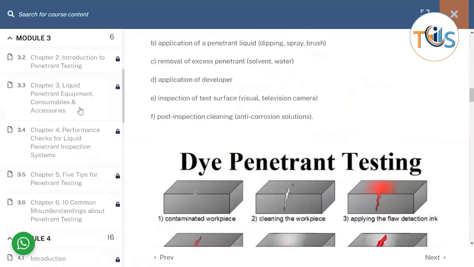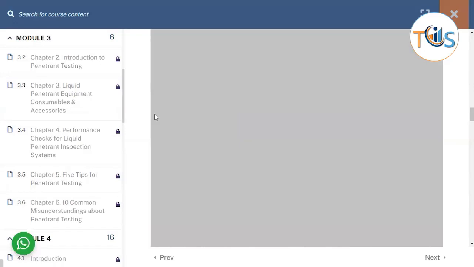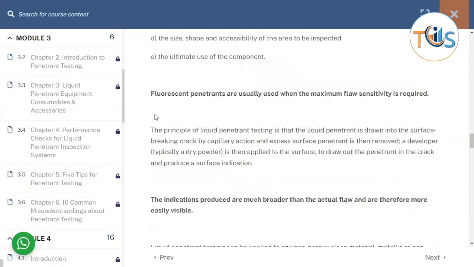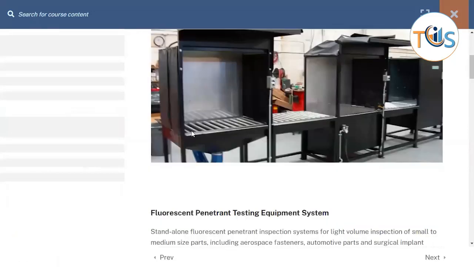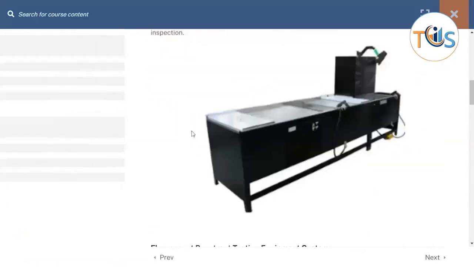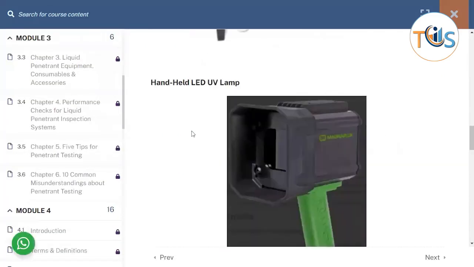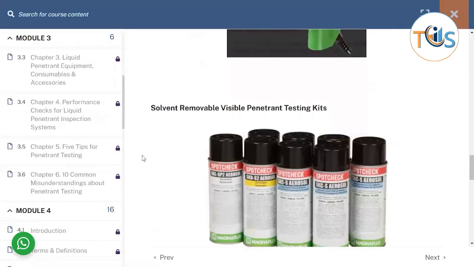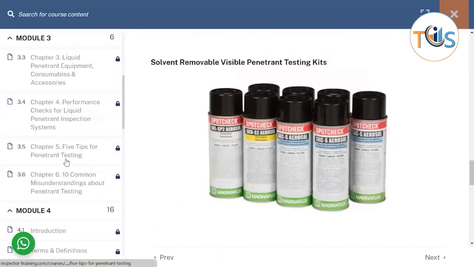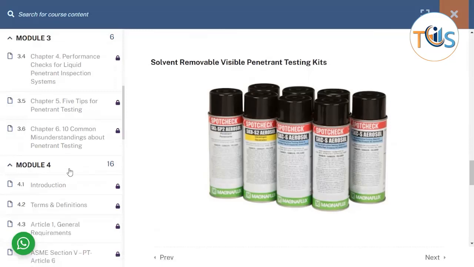It's got lots of pictures, as you can see here, and lots of videos we have brought in. This is about all the equipment that you would probably see in a PT test, UV lights, etc. Then performance checks for liquid penetrant inspection, and tips for penetrant testing and common mistakes in penetrant testing.